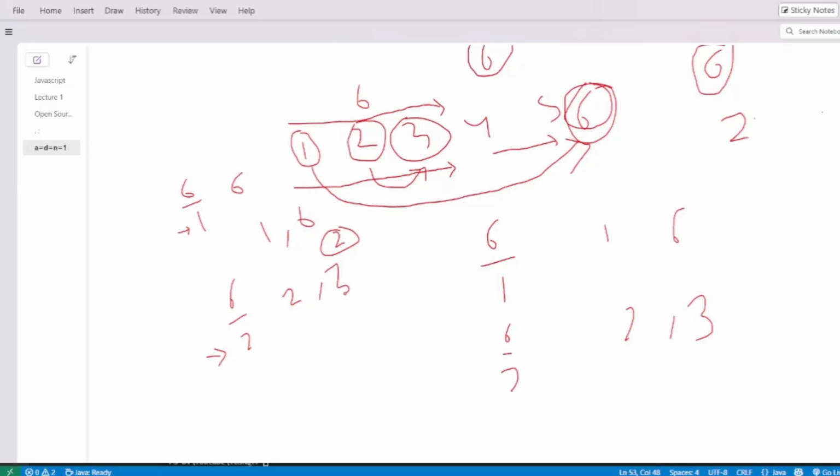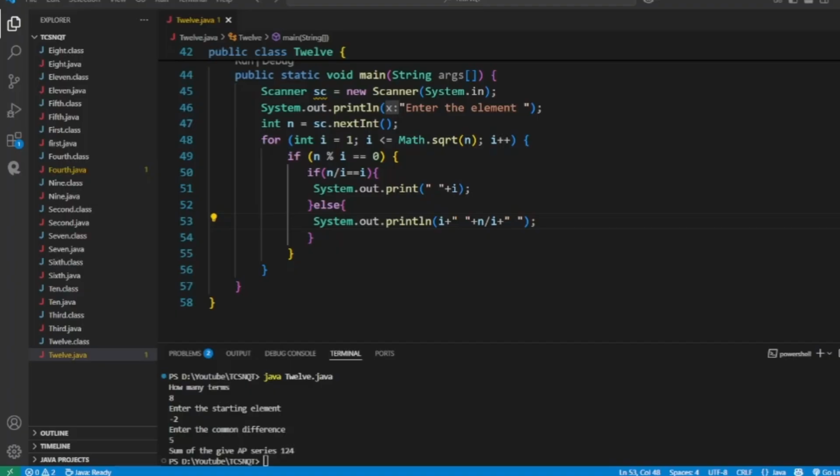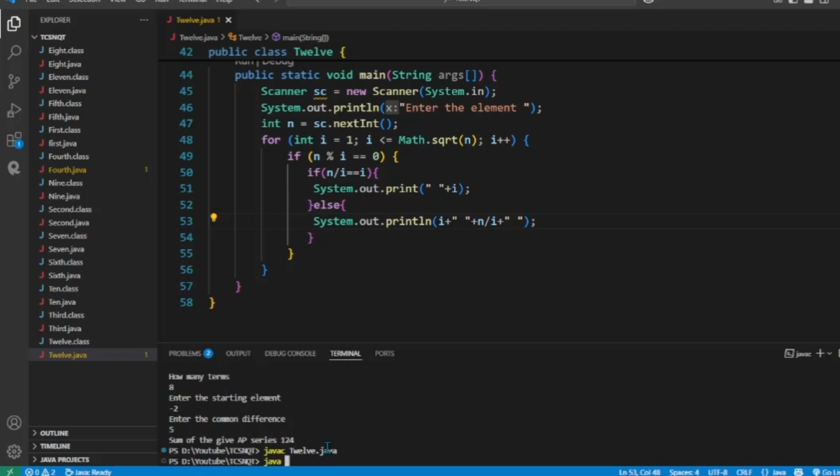So this is the basically simple approach. Now we run our code. javac 12.java, the file name .java.